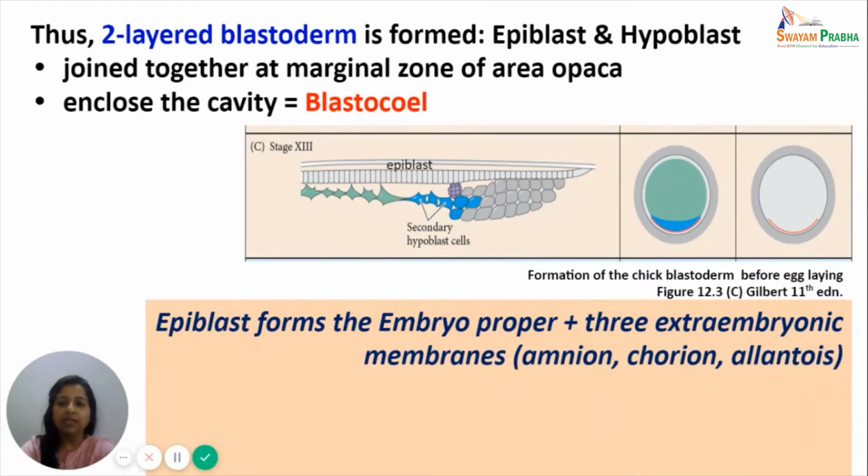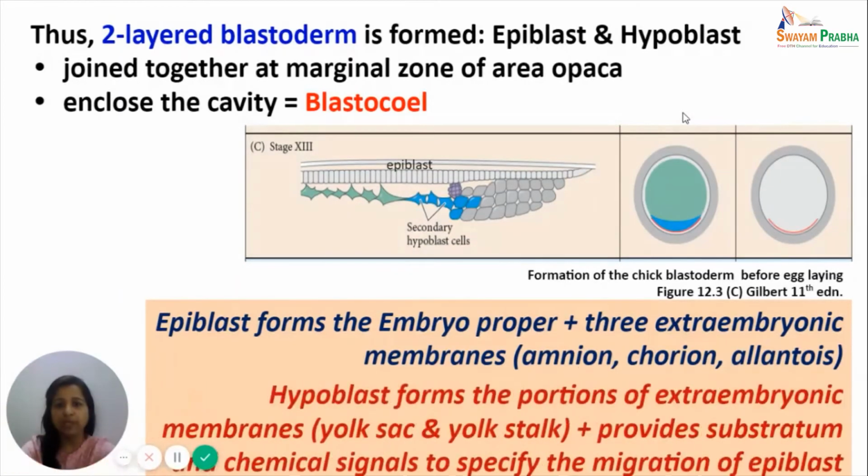So epiblast has the responsibility to form the embryo proper and the three extraembryonic membranes of amnion, chorion and allantois for the embryo, while the hypoblast forms portions of extraembryonic membranes, that is the yolk sac, and also the yolk stalk which connects the yolk sac with the embryo. Hypoblast also provides substratum and some chemical signals to specify the migration of epiblast during gastrulation.